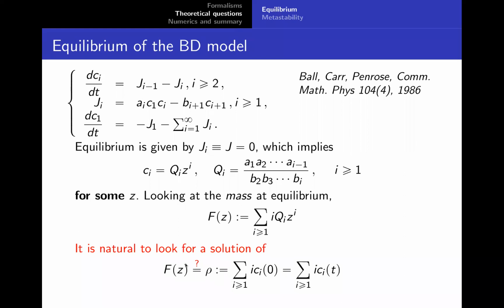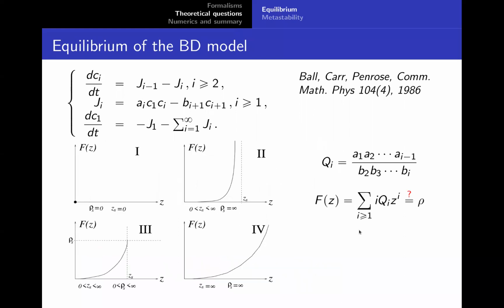That's a natural question. And things get complicated when you realize that F, my function here, is actually a power series and may not be bijective on the half line. There are some cases where it's bijective, but we also have cases where it has a maximal value. So you may have a finite radius of convergence and a finite limit at this radius of convergence.